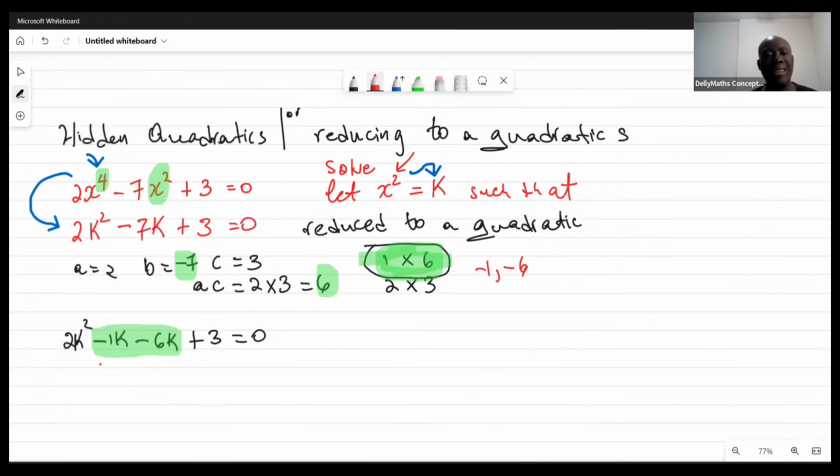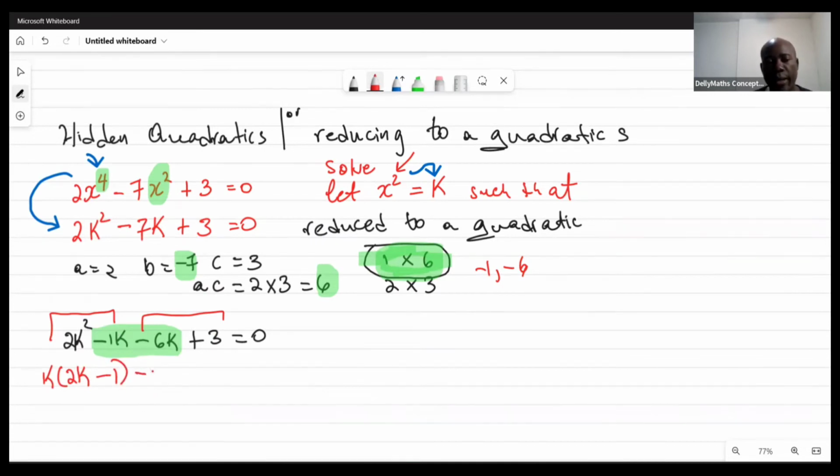So at this stage, we're going to have to now factorize this and factorize that. What are we going to take out here? K. K into 2k squared, we're left with 2k. And k into -1k, we're left with -1. What are we going to have to take out here?